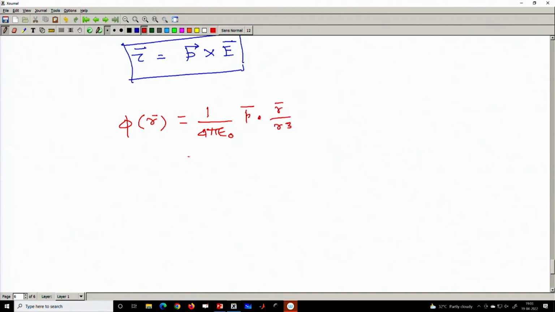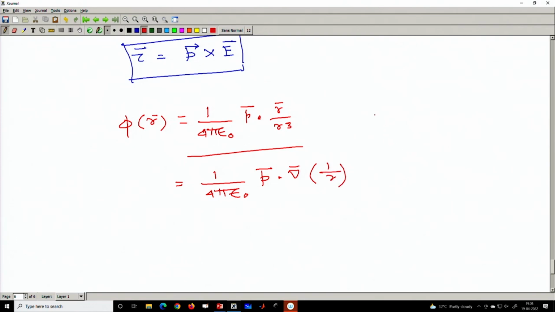That was the potential we calculated, and we also did it in gradient form, if you remember, by using this tricky method, and it was 1 by 4 pi epsilon 0, and it should be P dot the gradient of 1 by r.